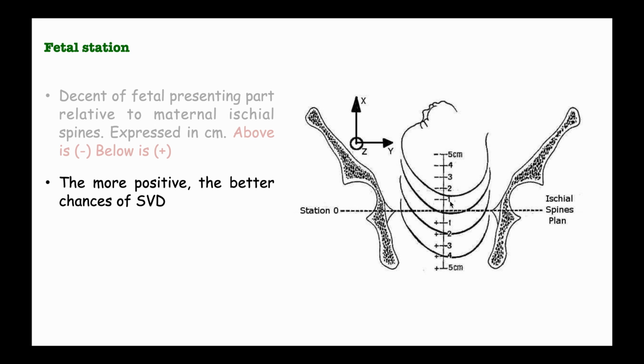And so we may have -1, -2, -3, up to -5. But when the fetal head descends further beyond the ischial spine, then we have +1, +2, +3. So this may go on until the entire fetal head descends down the ischial spine.